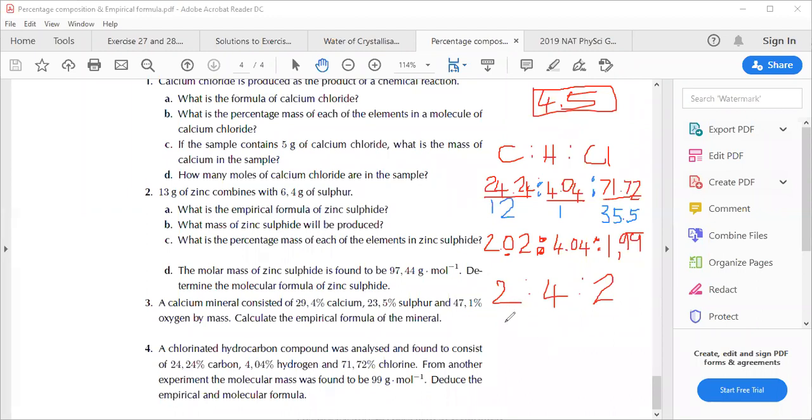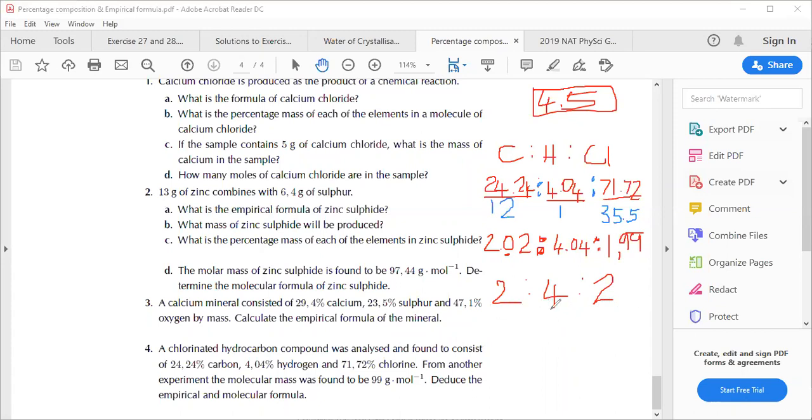So what is the formula? Okay, wait, here we're on the empirical formula. This is what we're getting here. So let's stick to this. What we are getting on the empirical formula, that's what we have here.